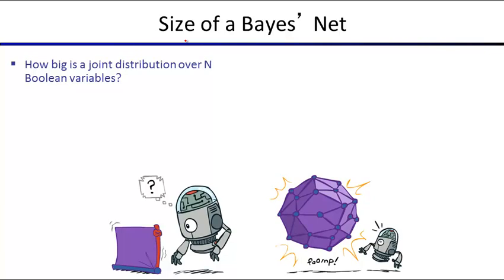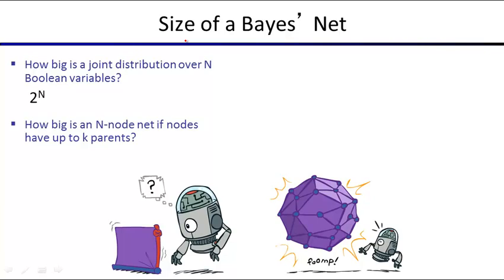So how big are Bayes nets? Let's say you have n Boolean variables, and as a starting point, let's look at the full joint distribution. That's 2 to the n. How about an n-node Bayes net if the nodes can have at most k parents? Well, for each node, there will be a conditional probability table. How big can each table be?